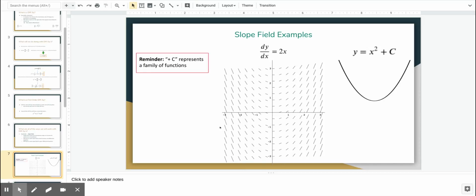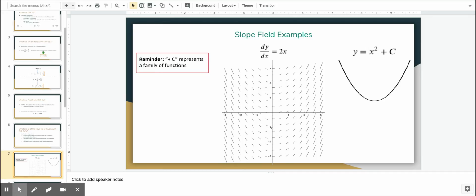You can see that all these little line segments actually represent the instantaneous rate of change for every function x squared plus c. Now, it's pretty impossible to do it for every single xy coordinate, meaning every number in between 0 and 1 and every number in between 1 and 2, and so on, because if you did that, it would just be a black screen here, right?